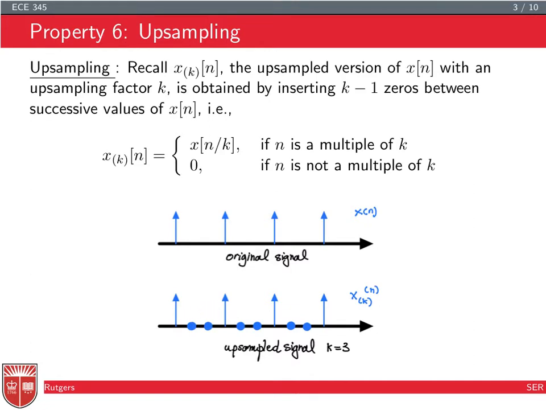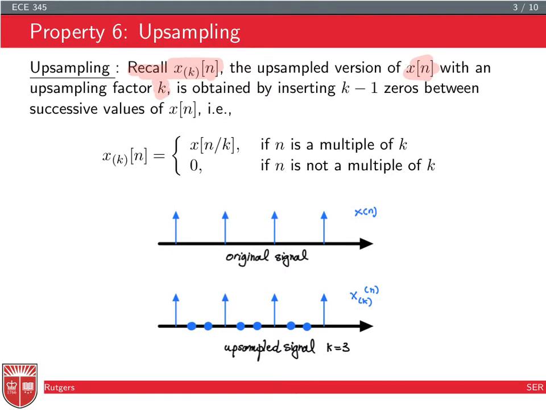That's just the notation. And we denote the upsampled signal with upsampling factor k by x subscript k. And this would be the upsampled version of x of n with upsampling factor k.